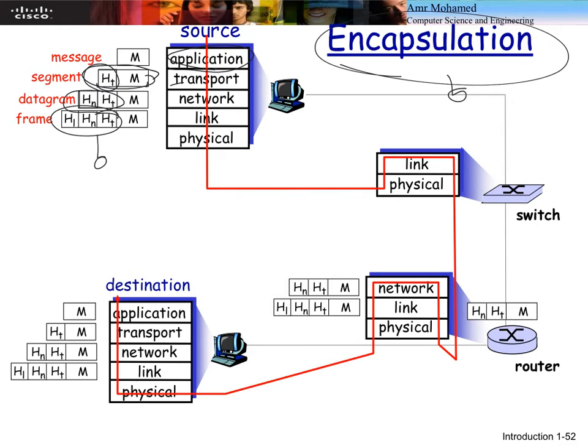A packet is the routing layer protocol data unit. A frame is the data link layer protocol data unit. In each layer it adds a header, and the header is a set of fields which define certain values that get processed and interpreted by a specific protocol in that layer.